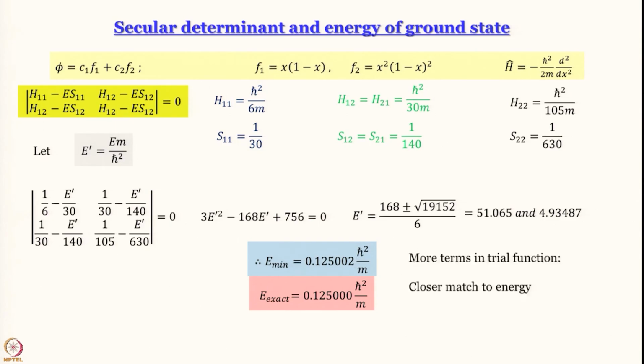So what we see is that if we use more terms in the trial function, then we can get a better match to energy, and that opens up tremendous possibilities. First of all, you do not care, well you do a little bit, but you do not care about being absolutely right on what kind of functions to use. See, we are talking about wave functions here.